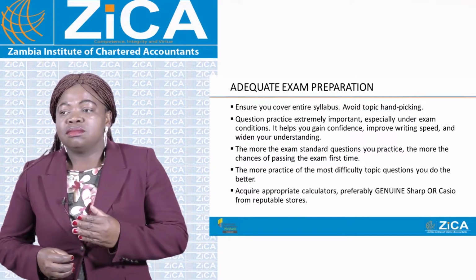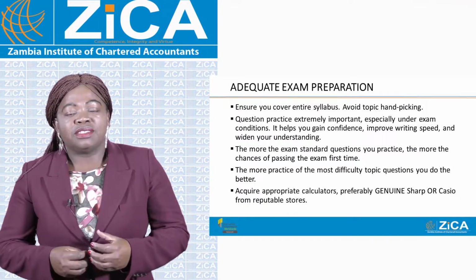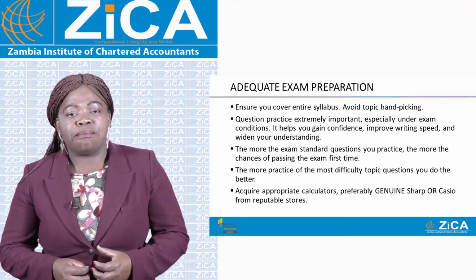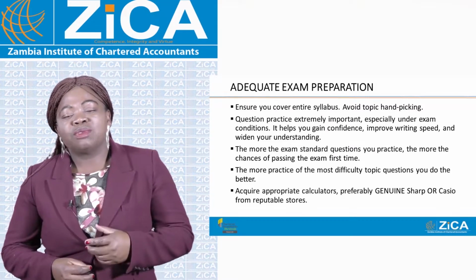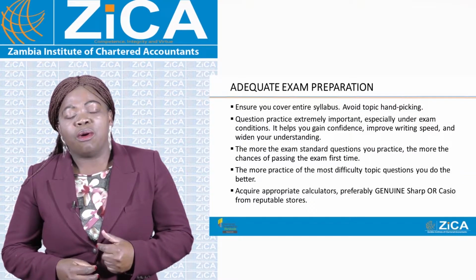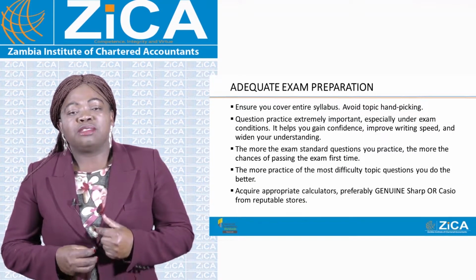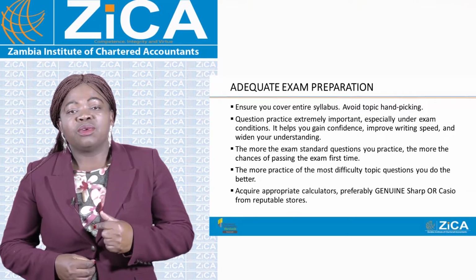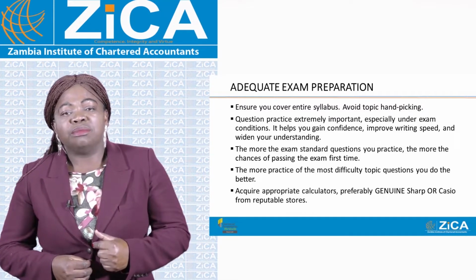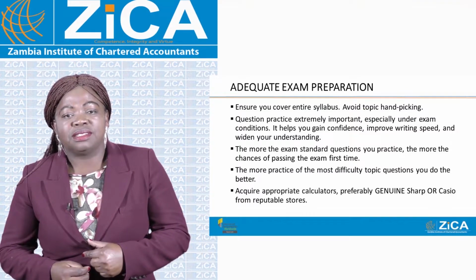Look at which question is the easiest for you in this whole paper. Start with that particular question. When you start with the easiest question of all, you will not spend unnecessarily too much time on it. That will leave you enough time for other questions.